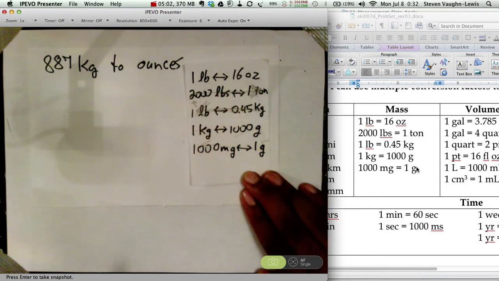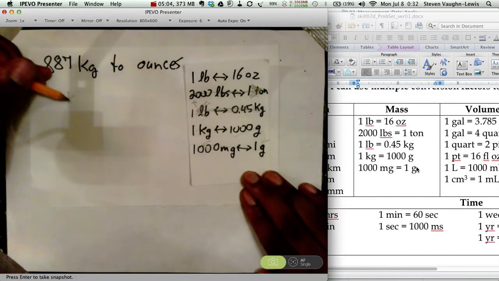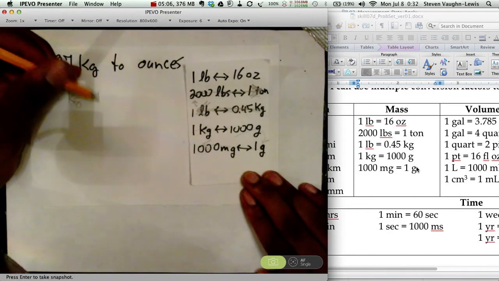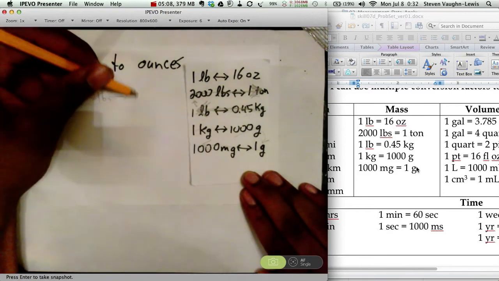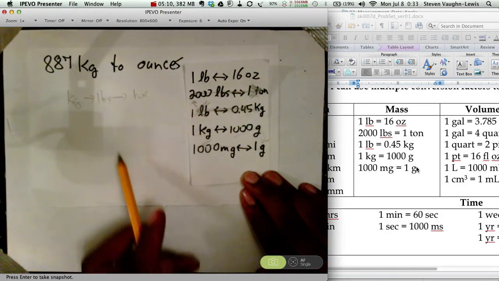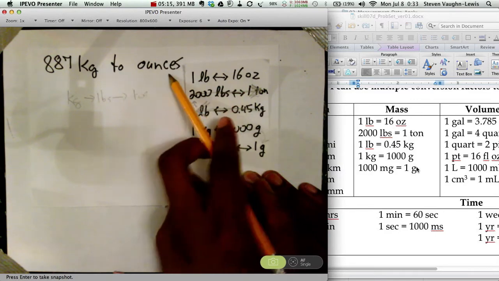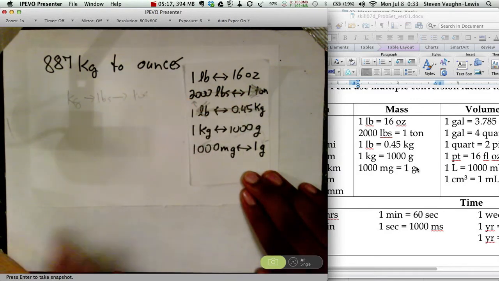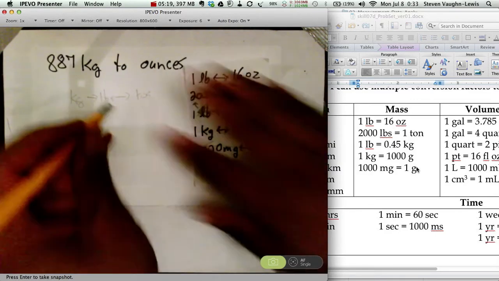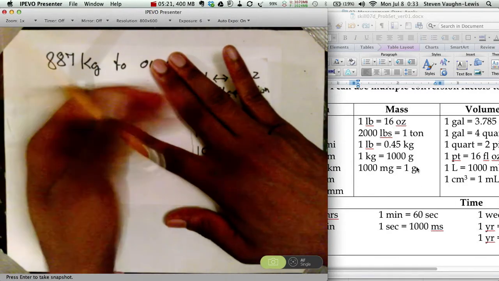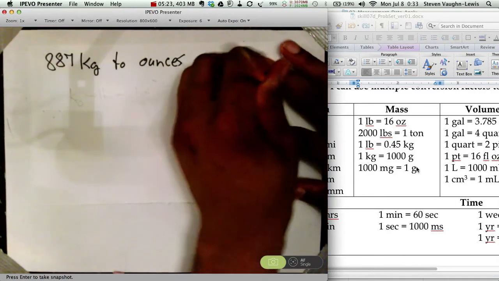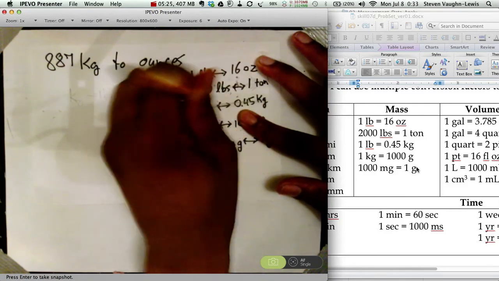Is that what I want to do? That doesn't really match up because I want to end up at ounces, but I ended up at tons, so that's not really going to work. So let's erase that, and it looks like we need to go back to the drawing board.